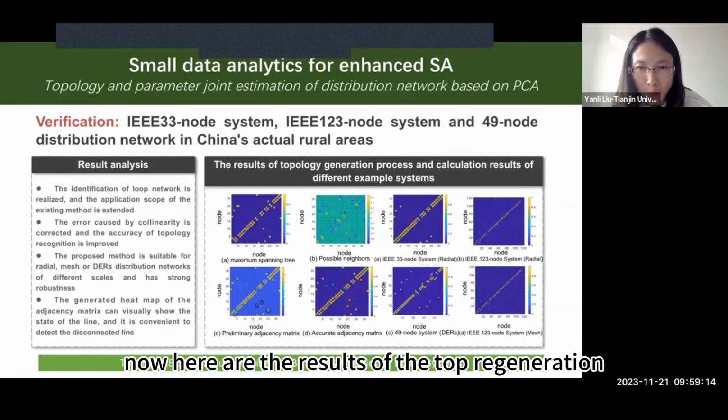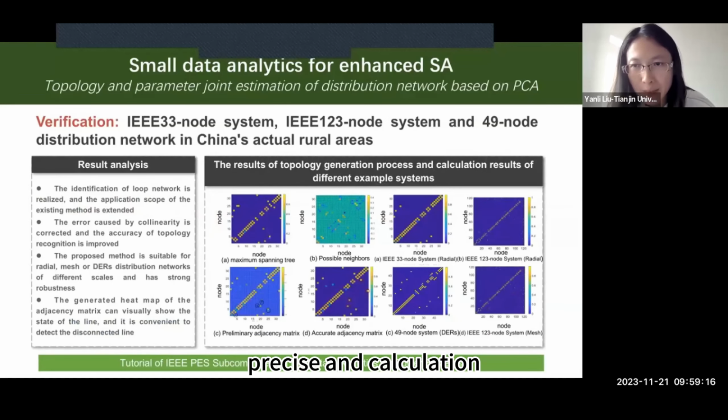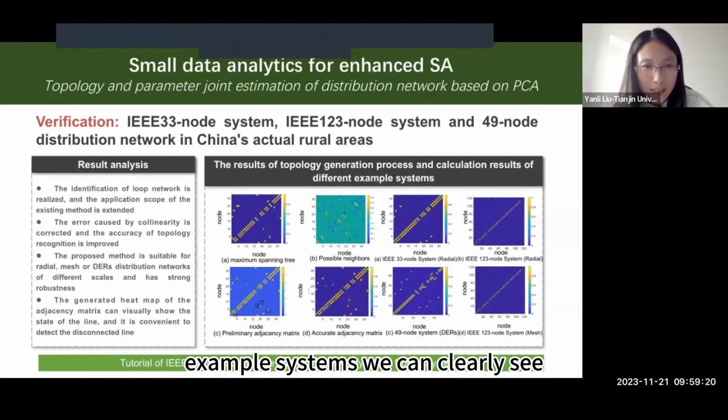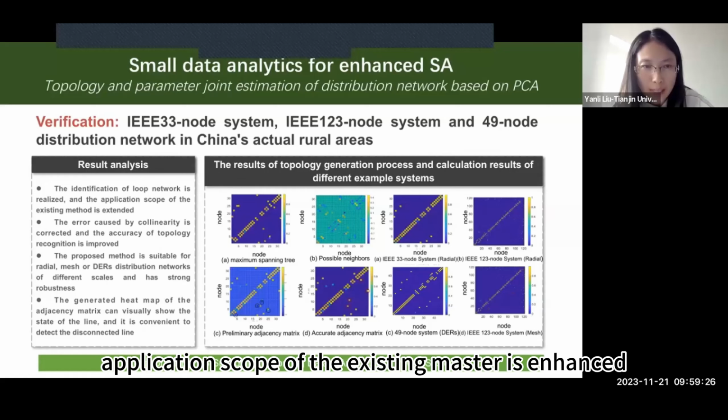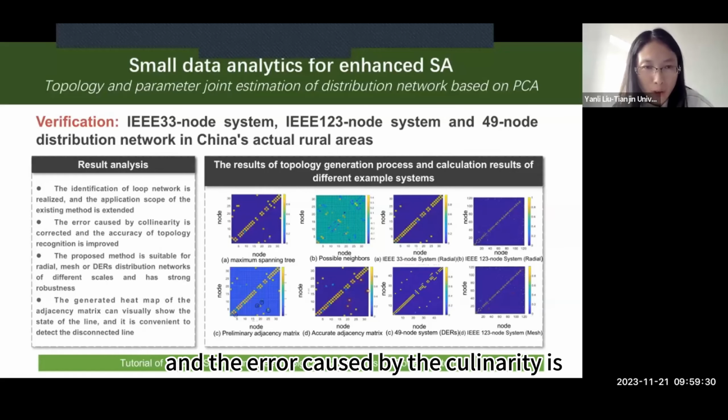And here are the results of the topology generation process and calculation results of the different example systems. So we can clearly see that the identification of the loop network is realized, the application scope of the existing method is enhanced, the error caused by collinearity is corrected, and the accuracy of the topology recognition is improved.